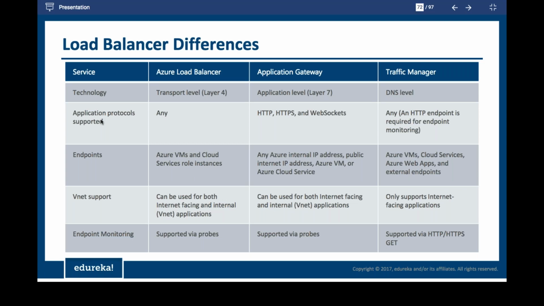Here you can also use VMs and the internal IP address that you get for the application gateway. Whereas in Traffic Manager, you can call the availability set, web apps, VMs, and external endpoints. The VNet support is common for application gateway and the load balancer, whereas Traffic Manager has only internet-facing applications.